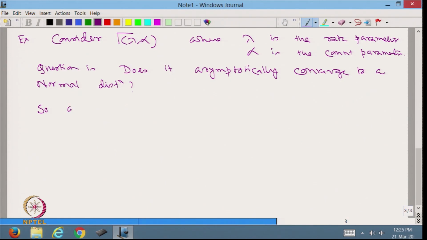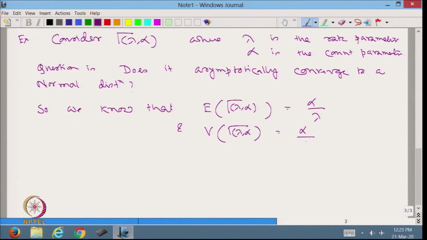So, we know that the expected value of a gamma lambda, alpha variate is equal to alpha over lambda, and the variance of a gamma lambda, alpha variate is equal to alpha over lambda square, and the moment generating function is equal to (1 minus t by lambda) to the power minus alpha.